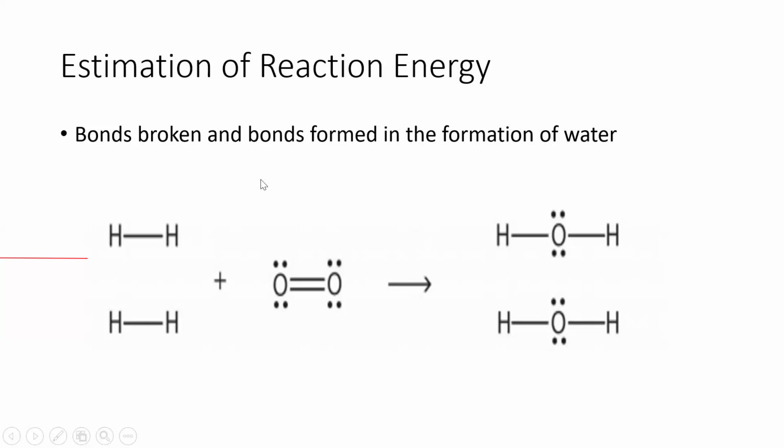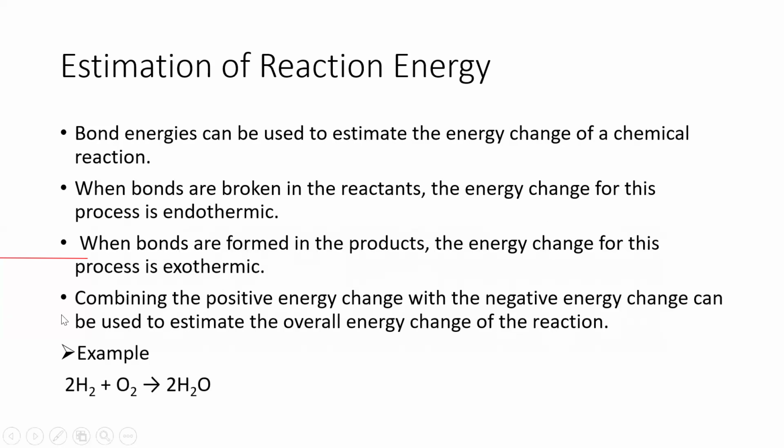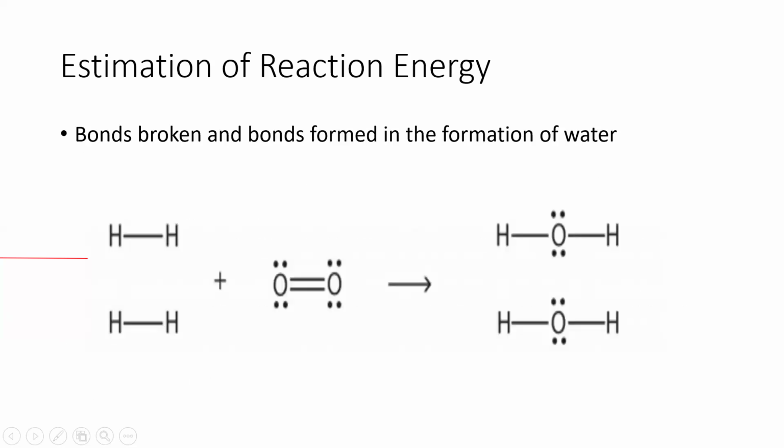Bonds broken and then bonds formed in the formation of water. All right, let's go back. You have 2 moles of hydrogen and 1 mole of oxygen giving us 2 moles of water. So here, the hydrogen, 2 moles, 1 mole and 1 mole, and the oxygen is just 1 mole.